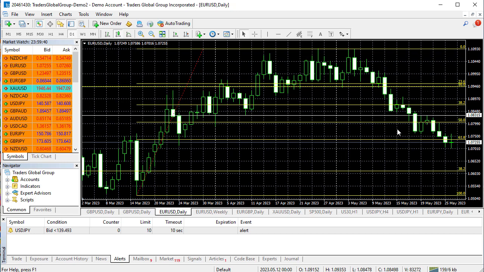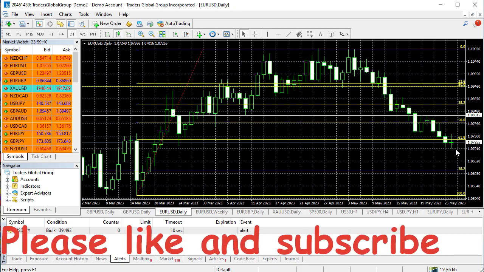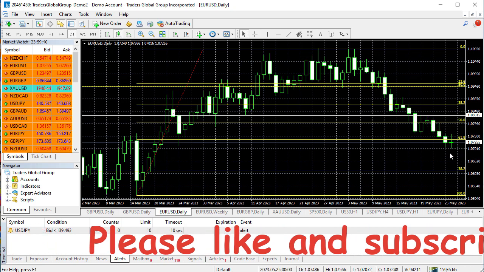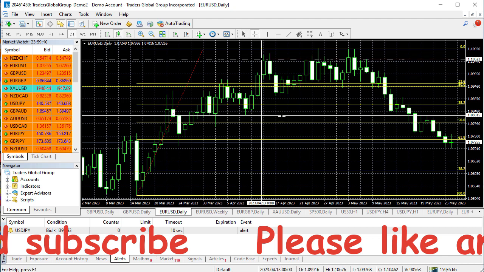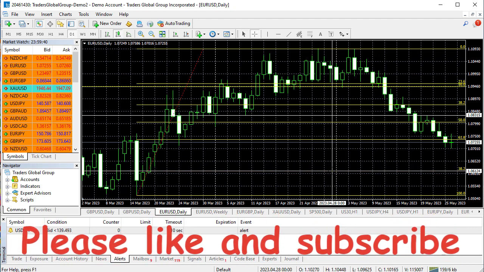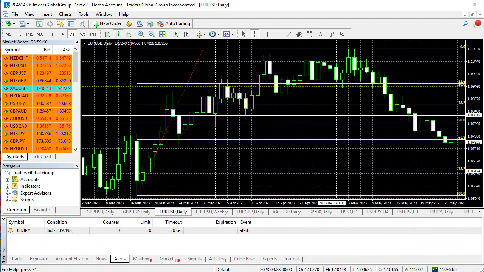If it breaks this level, the low speedily, maybe you may target that 38 level in terms of sales. If you have the opportunity to see a clear selling pattern, you may target the 38 level, which should be about 1.0612.